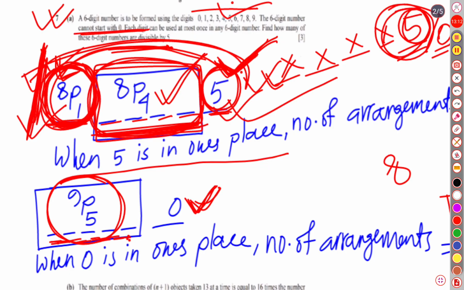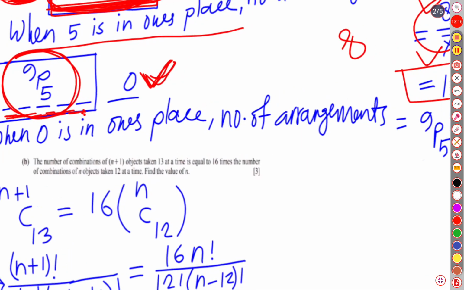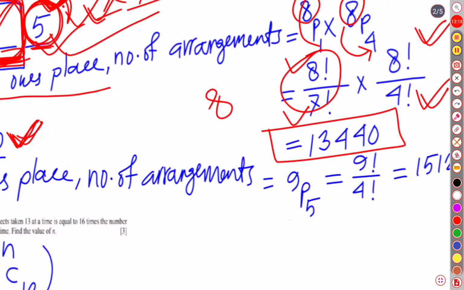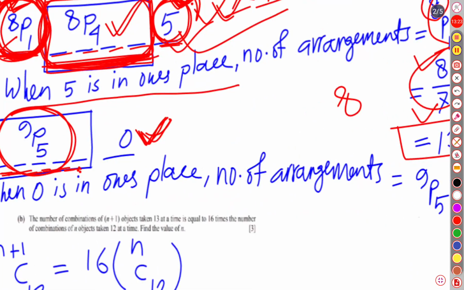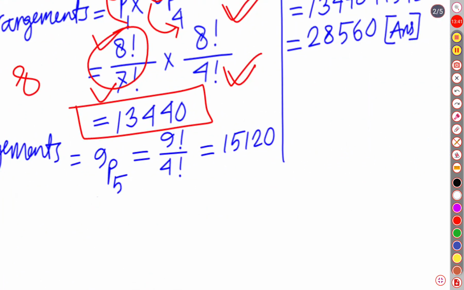So what will be our solution? Our solution will be, when 0 is in the ones place, number of arrangements is equal to only 0. Look at this, 0 has already been fixed, so we don't need to think over this. This place has gone away, we can arrange this. How can we arrange? Out of 9 we will arrange 5 digits, and that is simply 9P5.